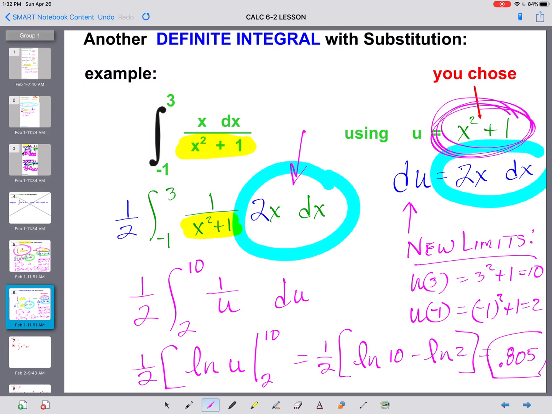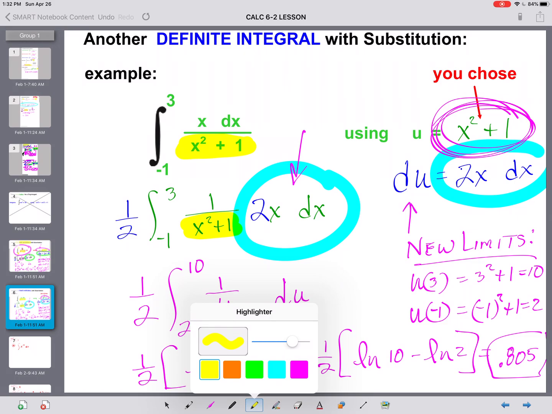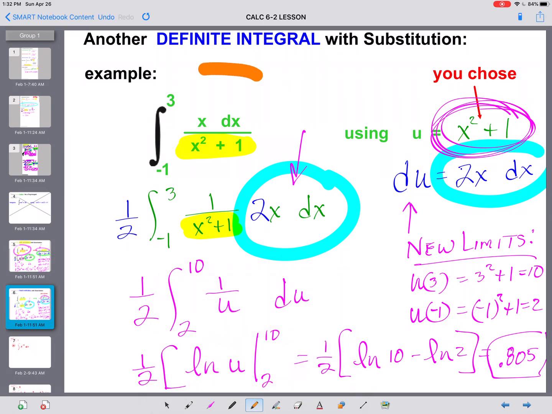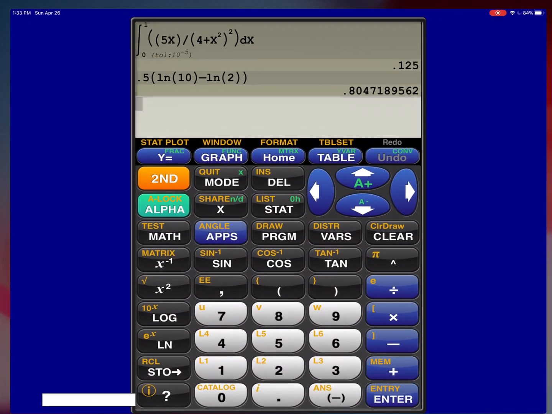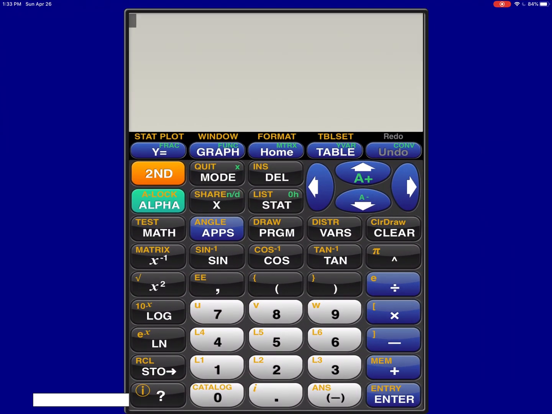Now, can we check this one? Yes, we can. By doing what? By going back to the original integral. Plug it in, and then do that and see if we get 0.805. Let's go ahead and do it, okay? Here we go. Let's clear it out.